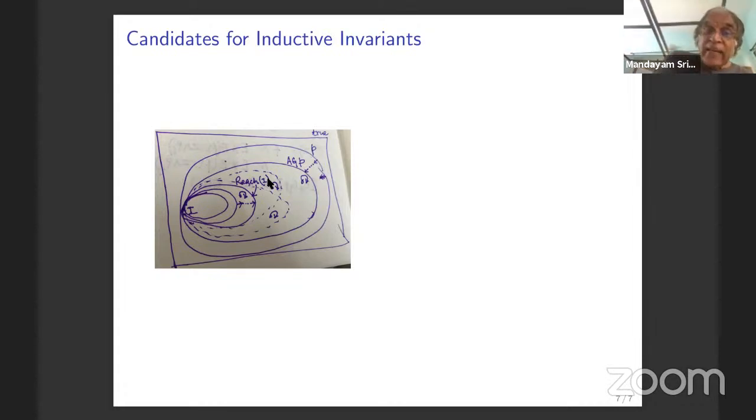So when I say model checking using inductive invariants, it really boils down to efficiently and quickly getting to a suitable candidate inductive invariant.